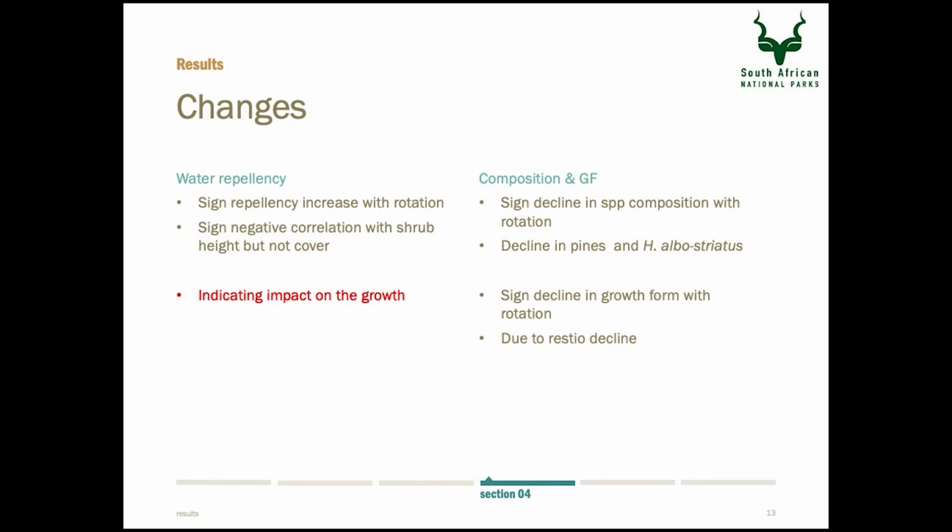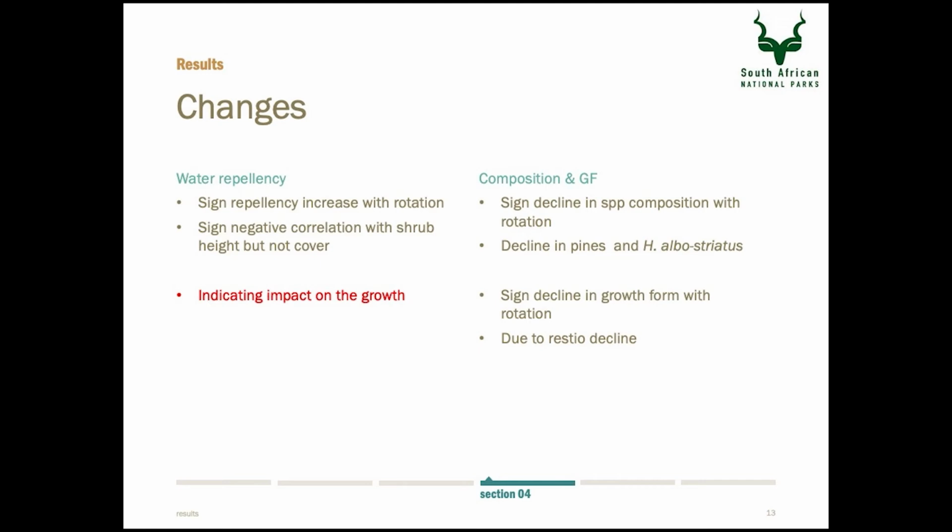If you look at species composition, it declined with the increase in number of planting rotations, and if you look at the species that caused the decline, you find that it was just certain species not being present in the older sites. These species were pines that were present in the younger sites, but not present in the older sites.